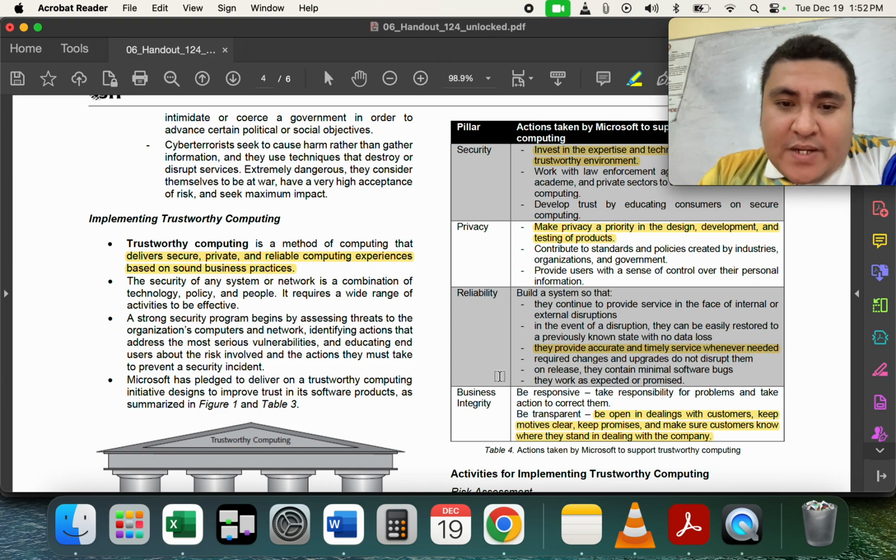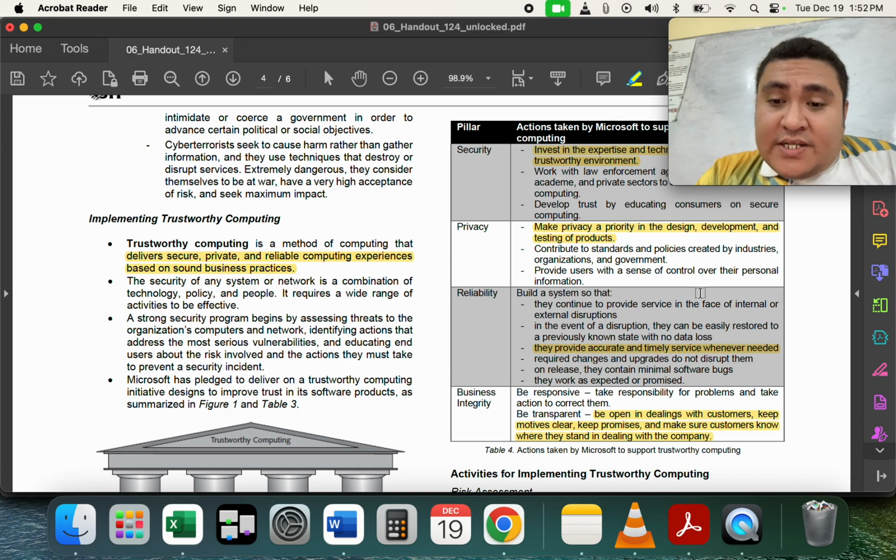The last one is business integrity, and with business integrity, you need to be open in dealings with customers since you are doing business, right? You keep motives clear, keep promises, and make sure customers know where they stand in dealing with the company.